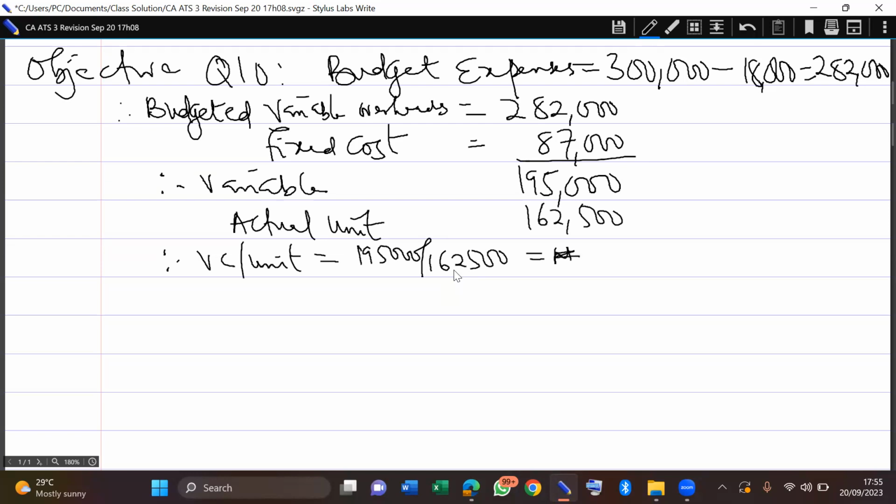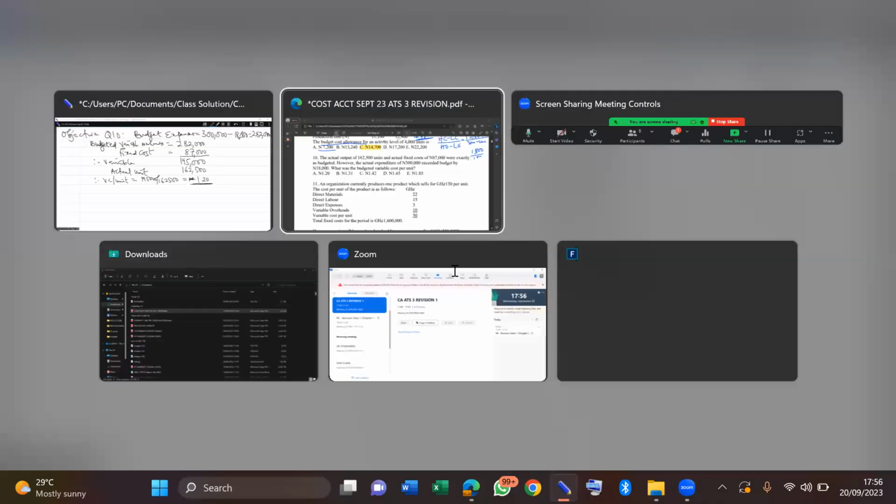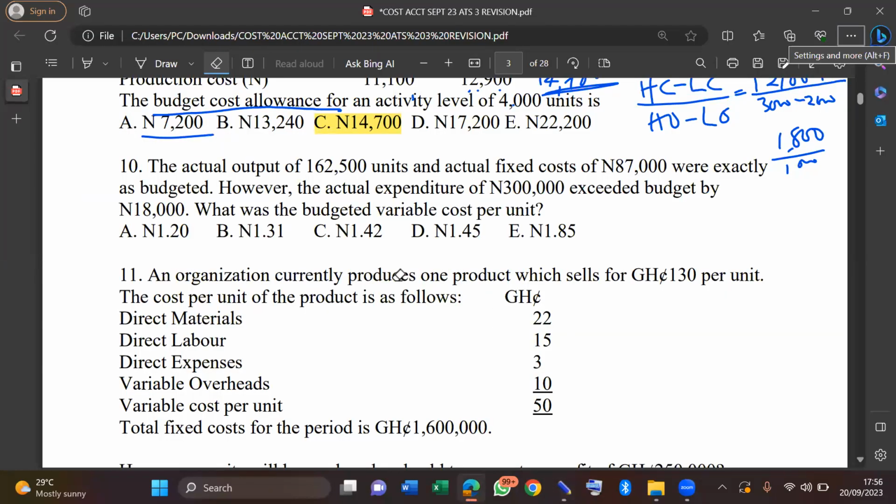How much will that give us? 1.2 naira per unit. Which of the options? So A is the correct answer.